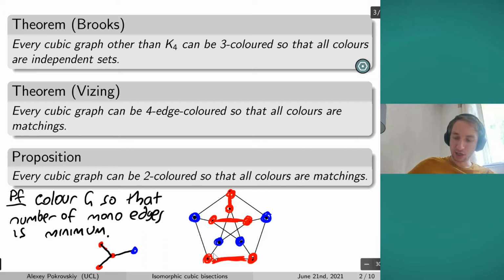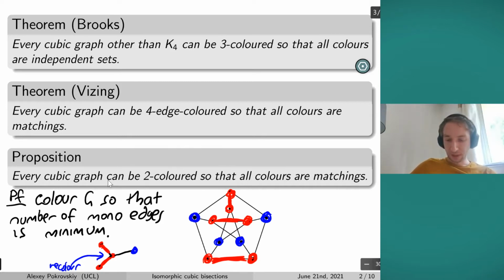Whichever color you get here, if you recolor this central vertex, you'll decrease the number of monochromatic edges. So at the moment, there's 2 of them. If you color it to blue, you'll have 1 at most. So that shows you that if you have the minimum number of monochromatic edges, then you have to have matchings. This is the kind of thing that we're interested in today.